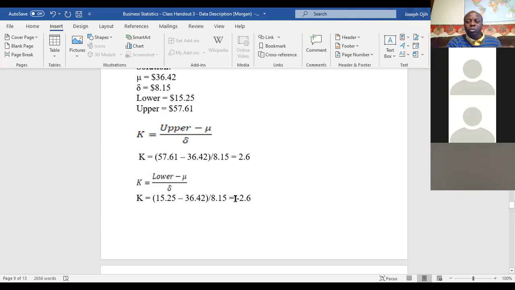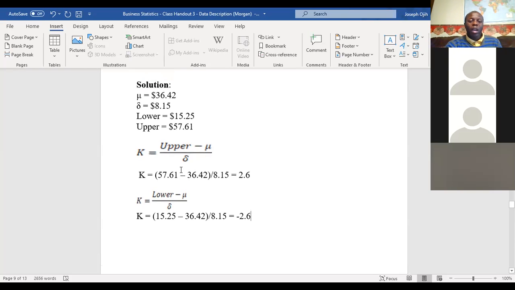We're not worried about the negative. So you can see that whether you use the upper end or the lower end, you still get the same answer, 2.6 standard deviations away from the mean. This is 2.6 standard deviations away on the right side. This one is 2.6 standard deviations away from the mean on the left side.